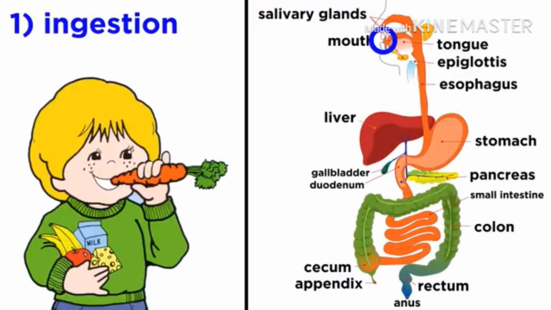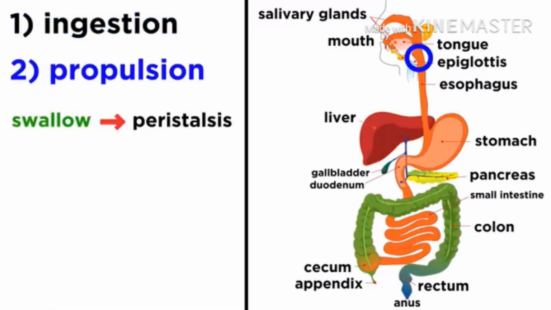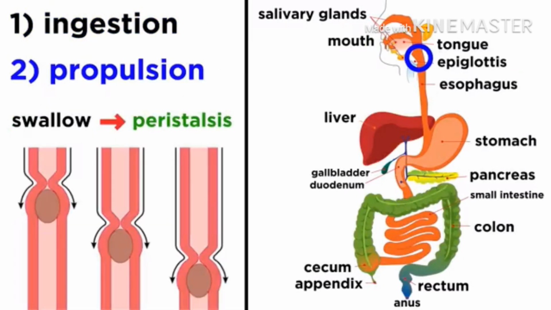First is ingestion. This is the basic act of eating, meaning putting food into your mouth. Next is propulsion. This begins when you swallow the food and continues with involuntary peristalsis, which is part of the autonomic nervous system.